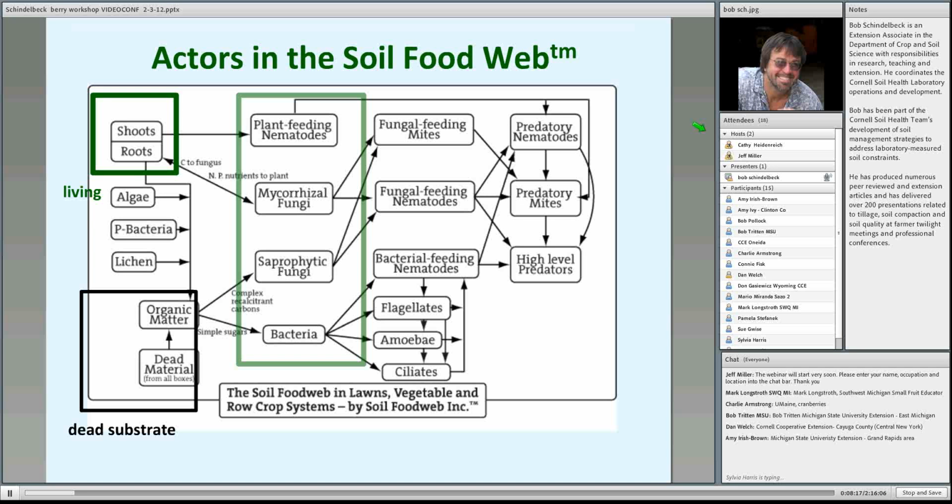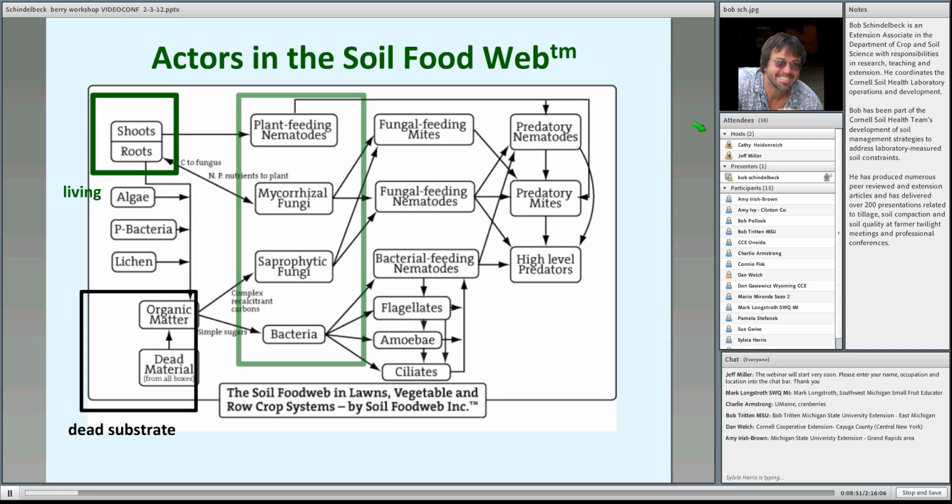Okay, so to step back a little bit, there are some actors in this soil food web, starting with organic matter on the far left. We've got living roots and shoots, which are organic matter. They're not dead organic matter, but they're living organic matter. And below that, we see dead substrate. So the source of all our soil biological processes really is the plant. And so we want to keep in mind that these are quite variable.